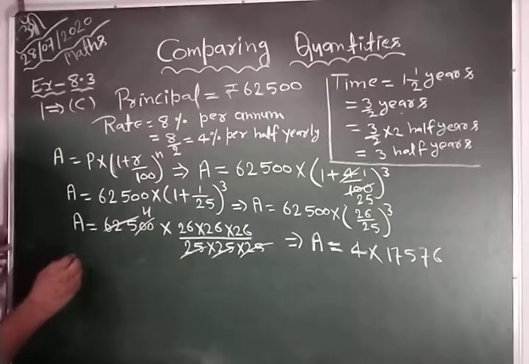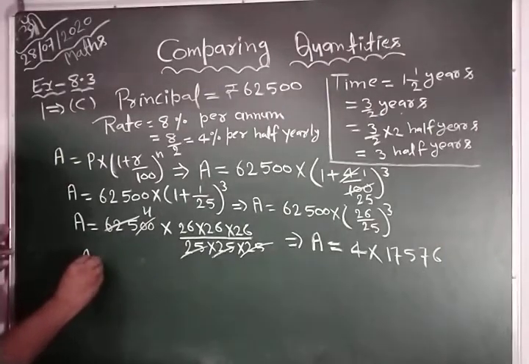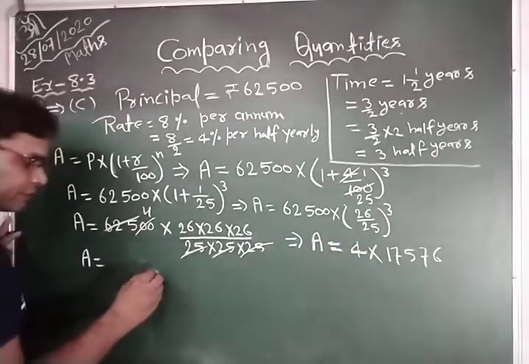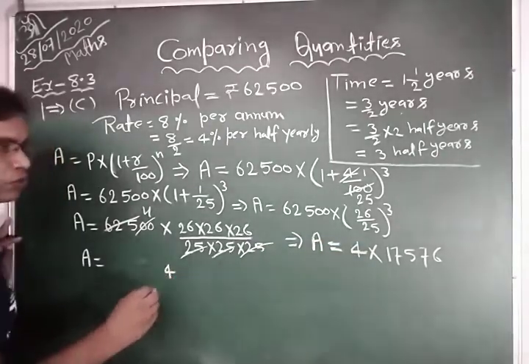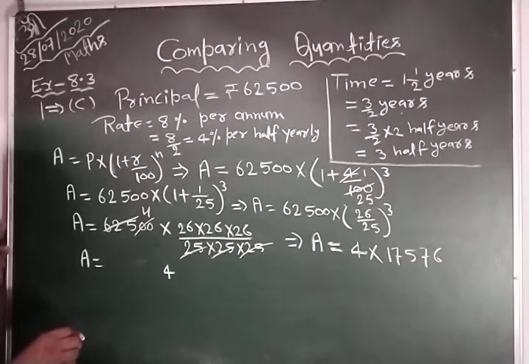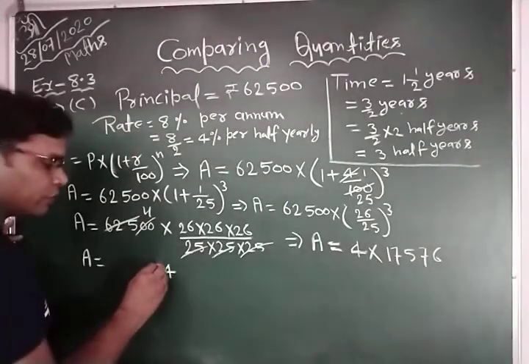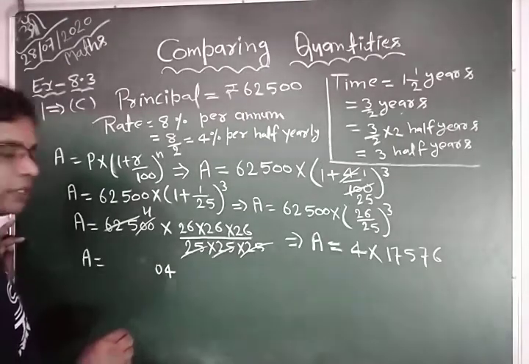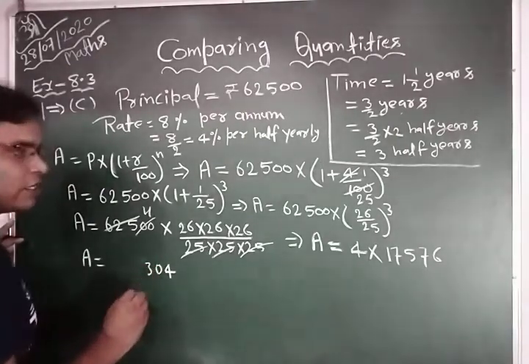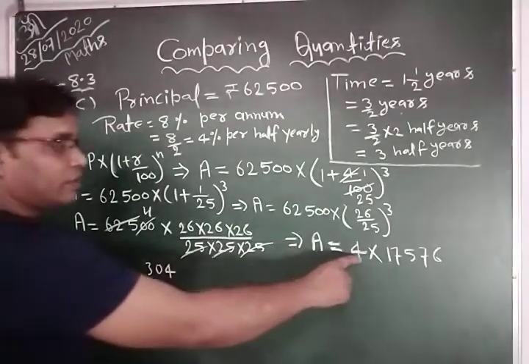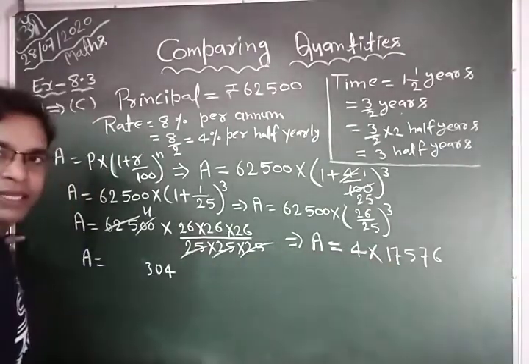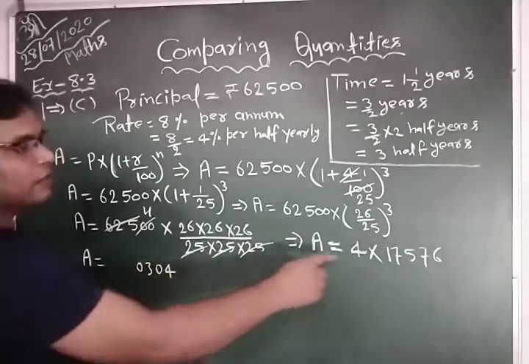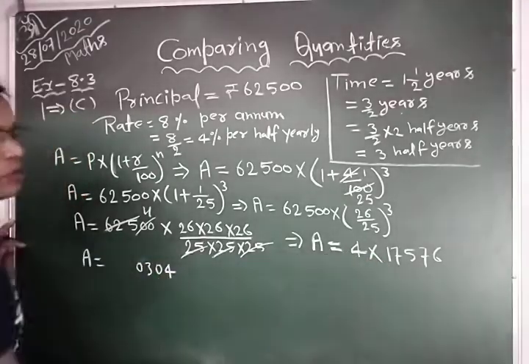So amount is equal to: 4 sixes are 24, carry 2; 4 sevens are 28, plus 2 is 30, carry 3; 4 fives are 20, plus 3 is 23, carry 2; 4 sevens are 28, plus 2 is 30, carry 3; 4 ones are 4, plus 3 is 7.